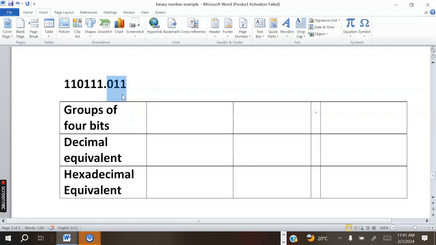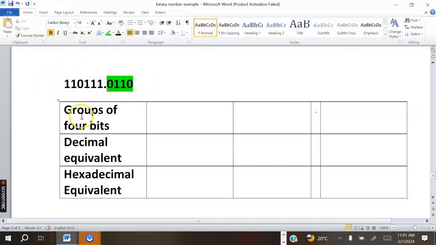So remember the rule: whenever you're dealing with the fractional part, if the bits are less than 4, you're supposed to add the number of bits that will make your group total 4. So for this one, we need 1 zero. And which side are we supposed to add it to? The rule is you add to the right when you're dealing with the fractional part. So this is a group of 4.